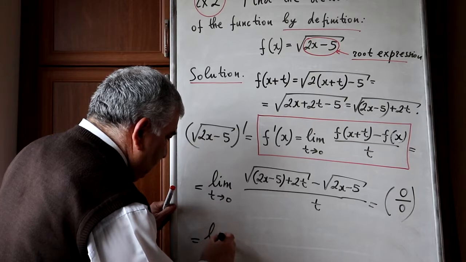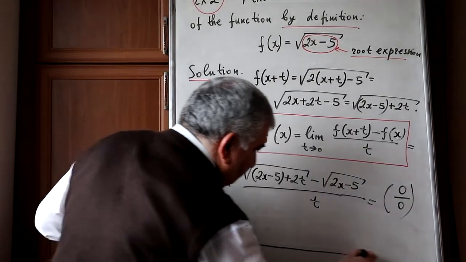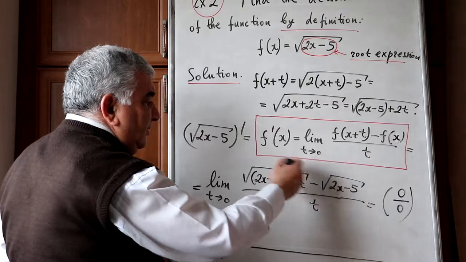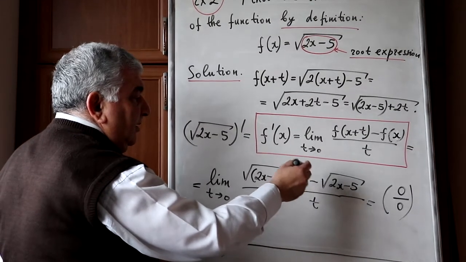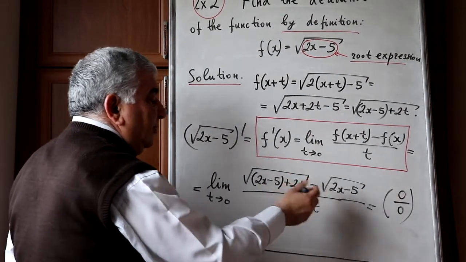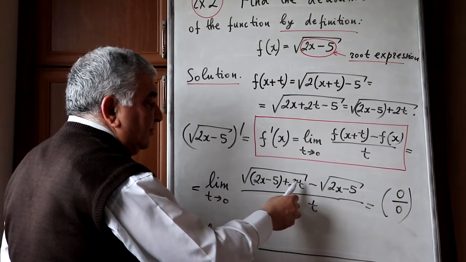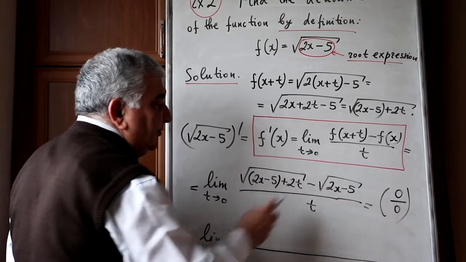Limit when t tends to 0, multiply numerator and denominator by conjugation of numerator. Conjugation of numerator is expression square root of 2x minus 5 plus 2t plus square root of 2x minus 5.